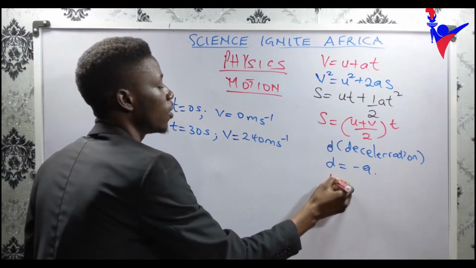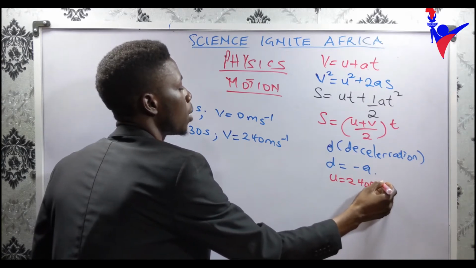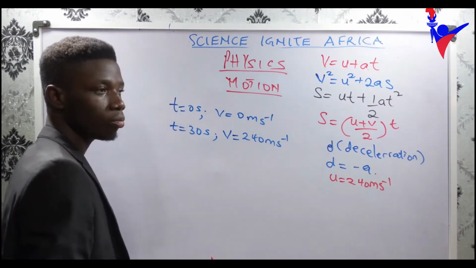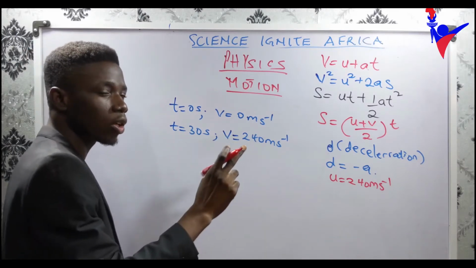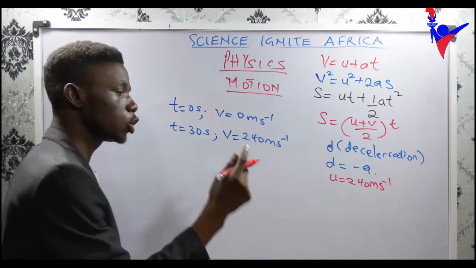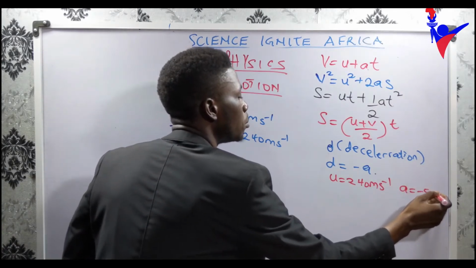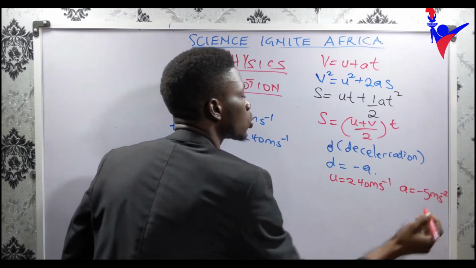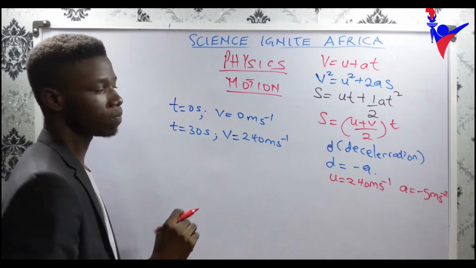So the new initial velocity for this next stage of the journey will be 240 meters per second. That's one. And the acceleration has been reduced to 5 meters per second squared because it's a reduction. So in that case, my acceleration is going to take a negative value. A will be minus 5 meters per second squared. Why? Because the acceleration was reduced.